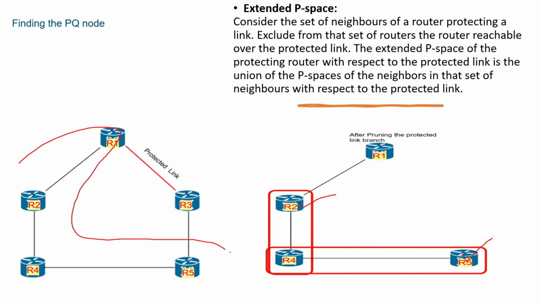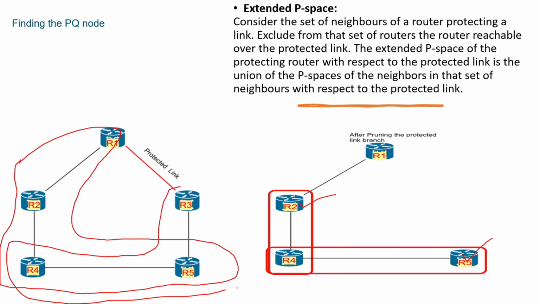If we talk about this one, this is the extended P space for R1, and this is the Q space for R3. So in this case, R5 and R4 become PQ nodes.